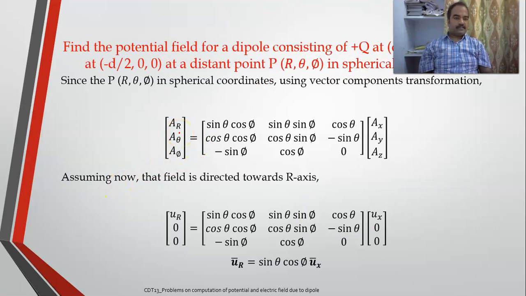We know that in spherical coordinates, if any vector is there in Cartesian coordinates, how to transform it into spherical coordinates. We do have this matrix format, which we have discussed in our earlier lecture, right? So these are the vector components.